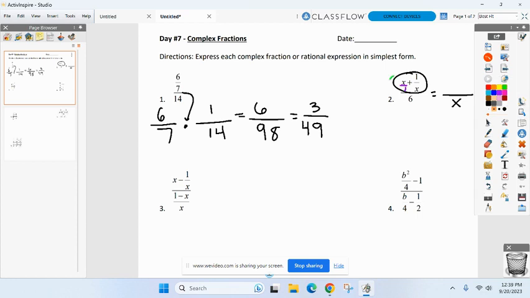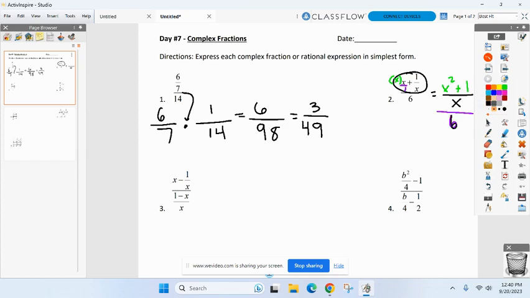X, right? So this becomes x squared. Do I have to do anything to the 1 over x? No, because the denominators are the same, so I just put plus 1, all divided by 6. Do you see what I mean?